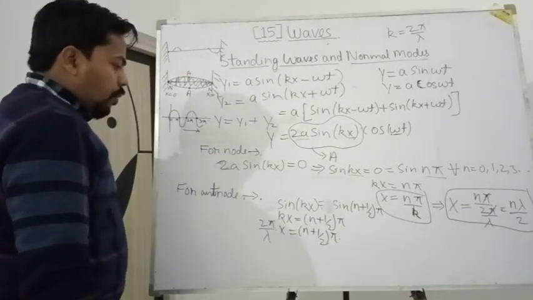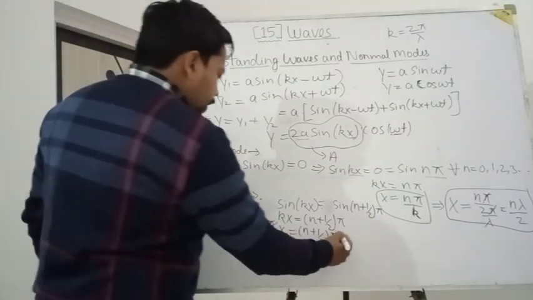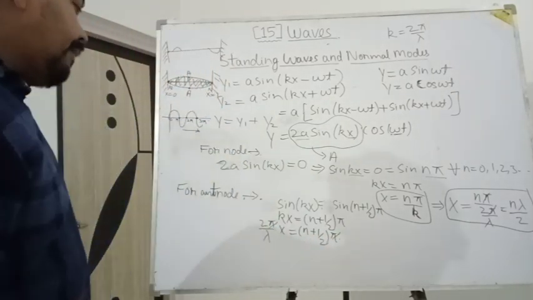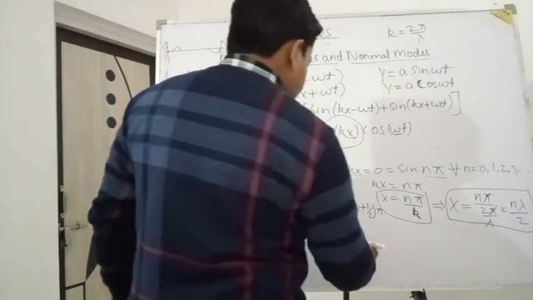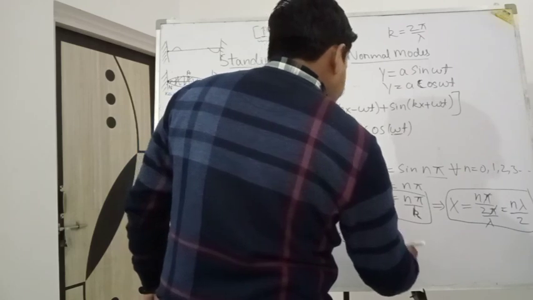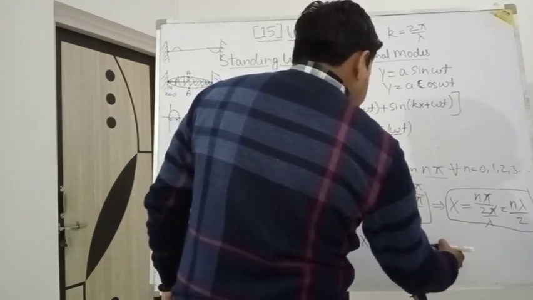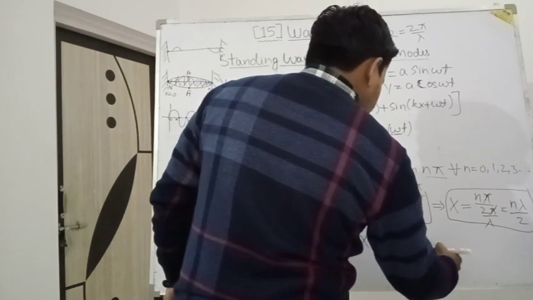Now simplify it further. Pi and pi will cancel out and you get the value of x, that is the position of the antinode, and x will be equal to (n plus half) lambda upon 2.